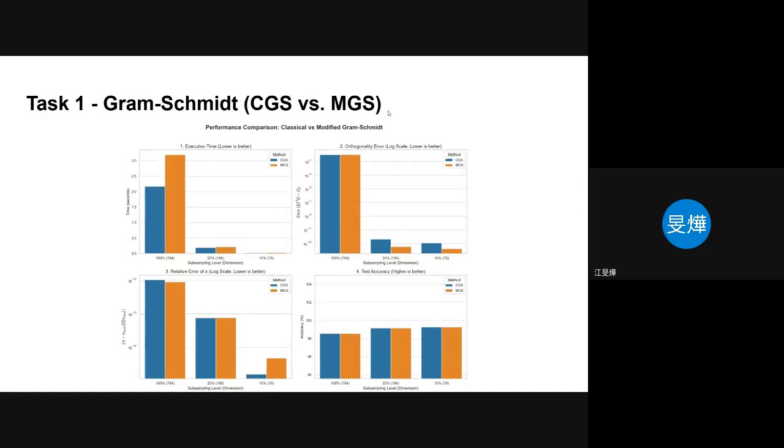So this can prove that the modified version successfully reduces round-off errors and provides much more stability.